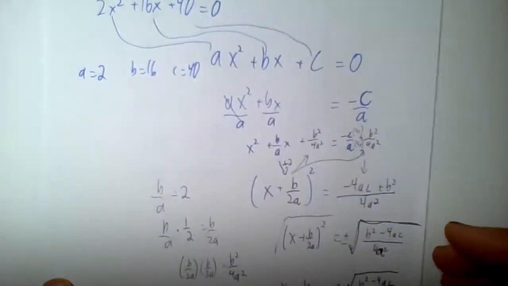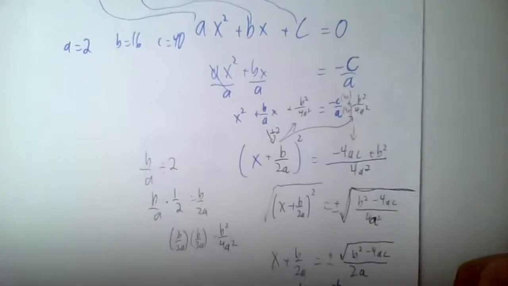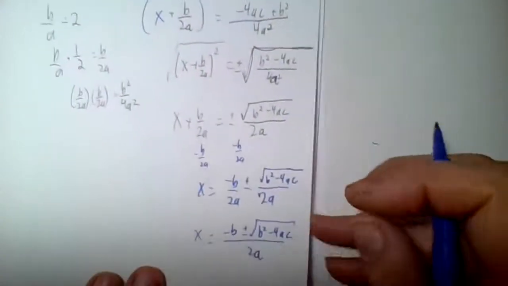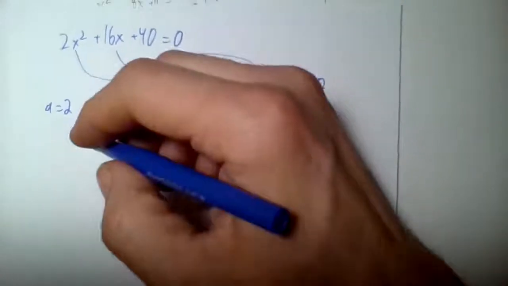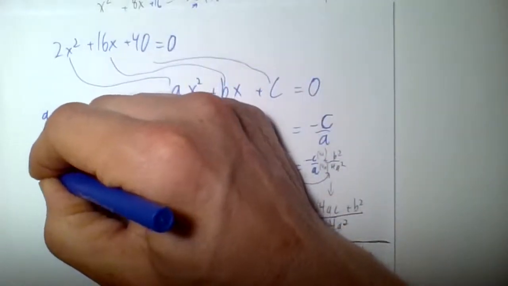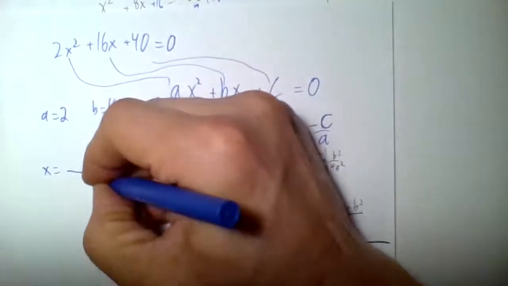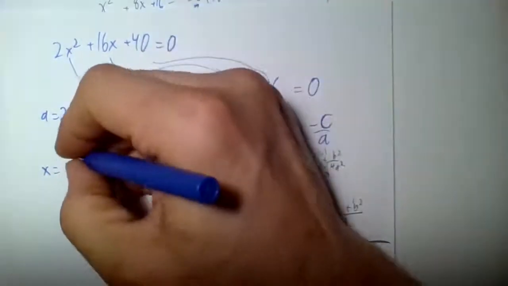I'm going to skip all of that weird rearranging stuff in there, and I'm going to go to the formula and just drop those numbers into it. So I'm going to copy this formula right up here next to what I got. This is the outcome of all of that.